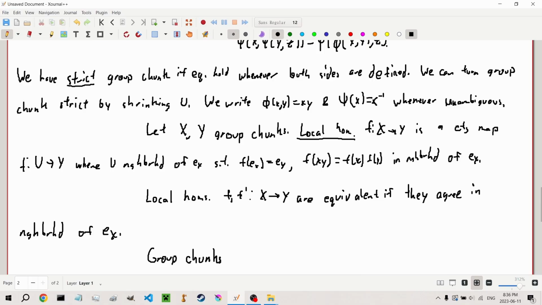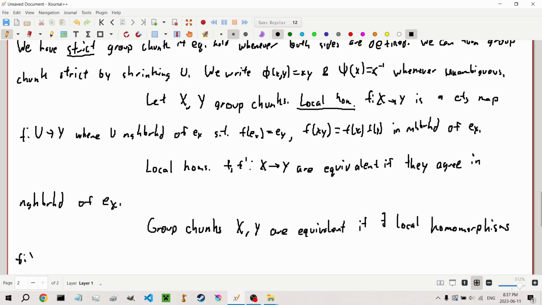Group chunks x and y are defined to be equivalent if there exist local homomorphisms f from x to y and g from y to x such that f composed with g is equivalent to the identity on y, and g composed with f is the identity on x.